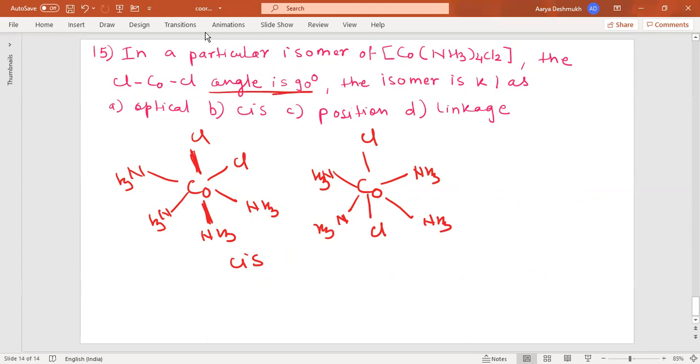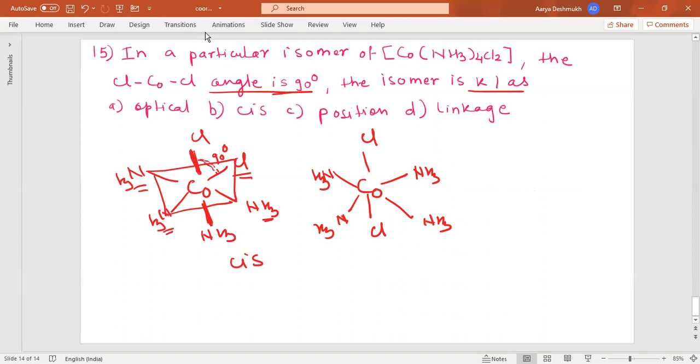So for this, in a particular isomer in which the angle is 90, the isomer is known as cis. Here you can see the angle between these. This angle is 90 because all these four, this Cl, NH3, NH3 and NH3, lie in one plane, and this is above the plane and this is below the plane.